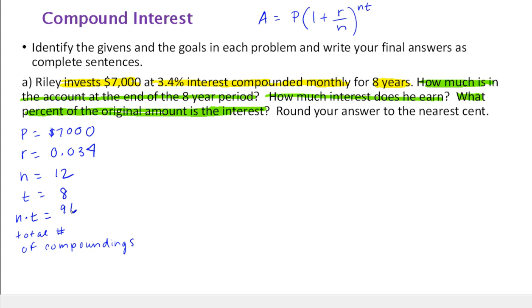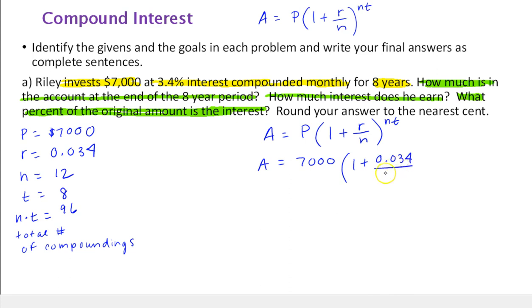Okay, now let's plug in what we know into the formula. So we have A equals P times 1 plus R over N to the NT power. Now we're solving for A. We know P is 7,000. We know R is 0.034.